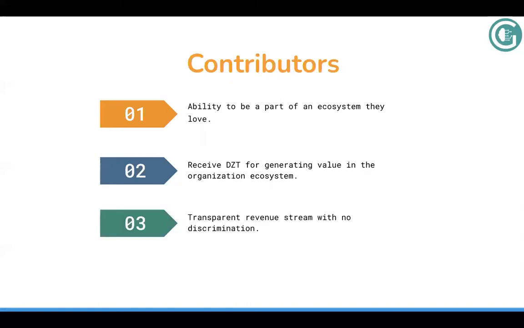For contributors, they will be able to earn a transparent revenue stream that has no discrimination, no matter where they are located, and be part of an ecosystem they actually care about by generating value in the business ecosystem.